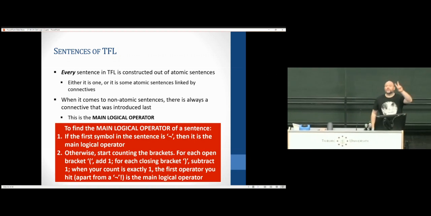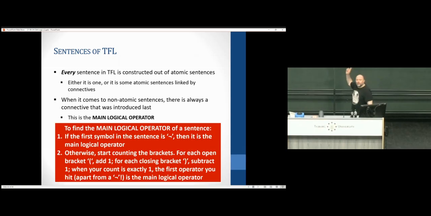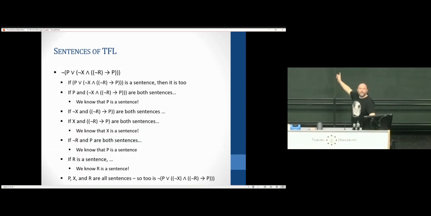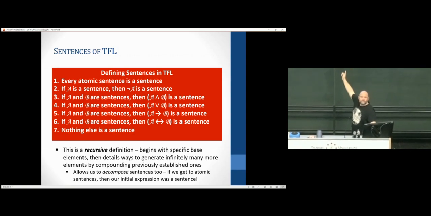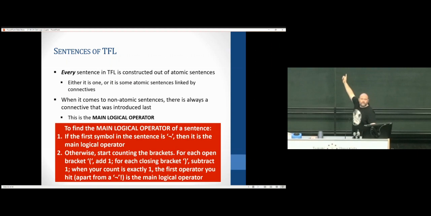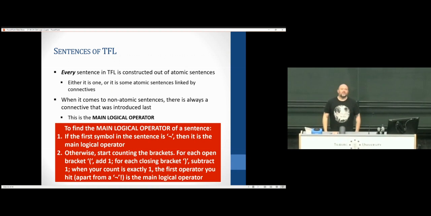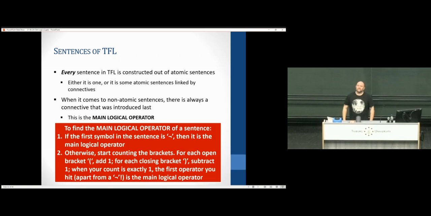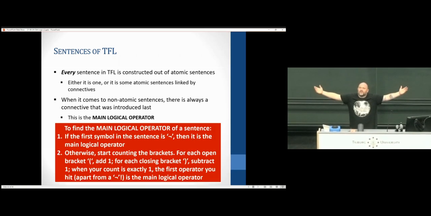Well, there's two pragmatic steps. Note that these steps only work if the sentence is written according to the strict rules defined here. But the first way to figure out the main logical operator is look at the sentence. If it's got a negation in the front, then the negation is the main operator. It was the one added last.